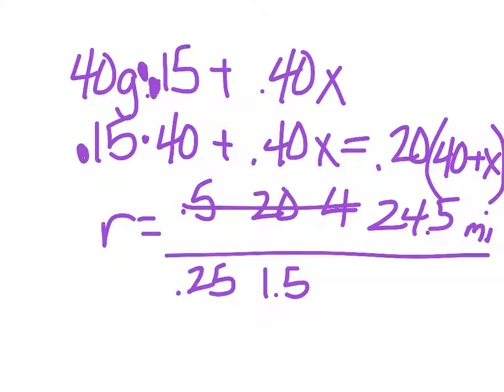And then 30 minutes is 0.5. So if I add all those together, I think that's 2.25, because that would be 0.5, 1.5, that's 2.25. So now to get the average speed, I would just have to do the total distance, 24.5 divided by 2.25.